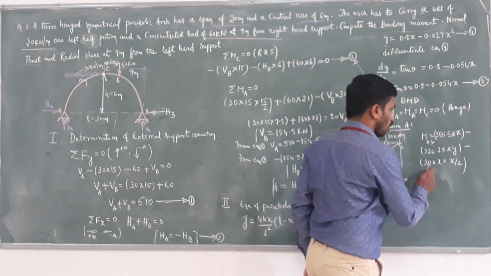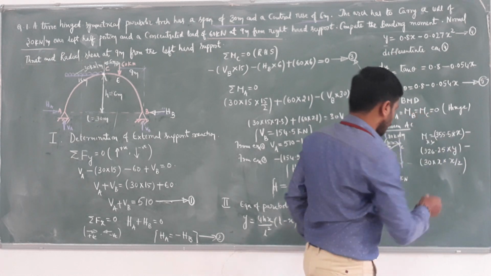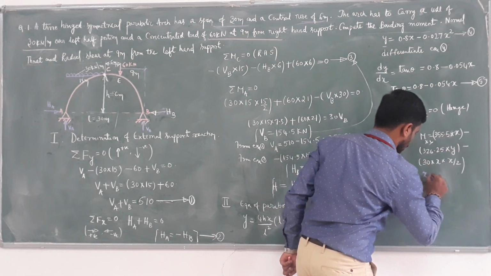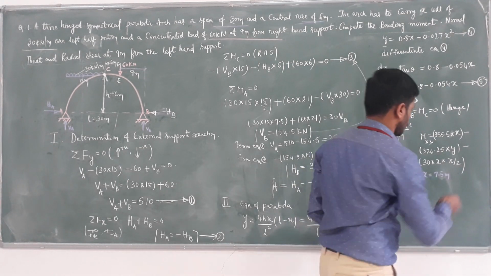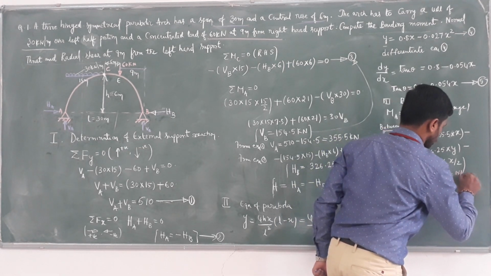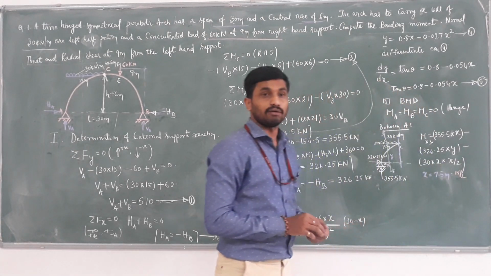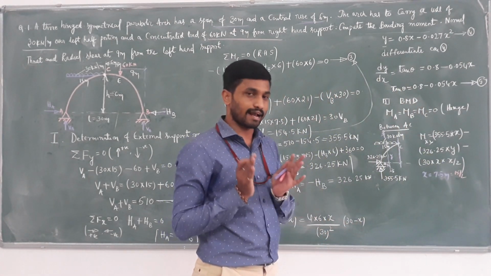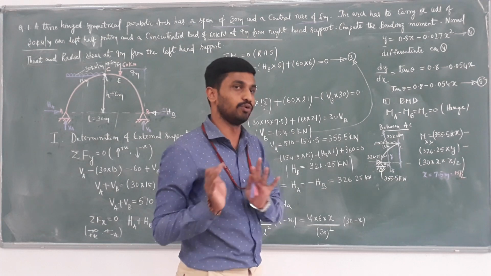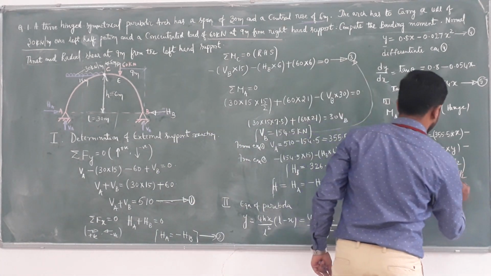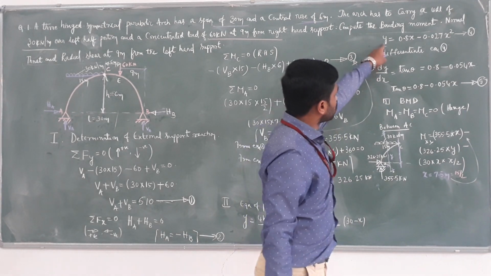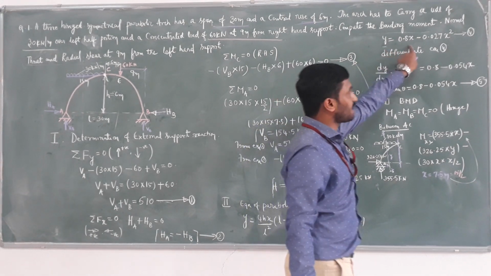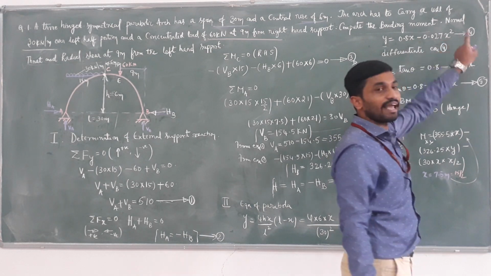But what is the value of x and y? The value of x equals 7.5 meter, that is 15 by 2. The bending moment is maximum under load, exactly half of the span in the case of UDL. Therefore substitute the x value here and y. What is y? I know the equation, 0.8x minus 0.027x square.